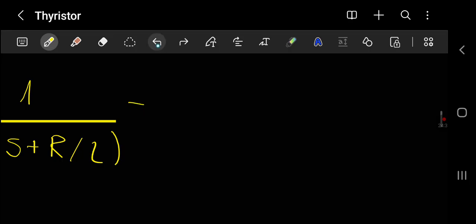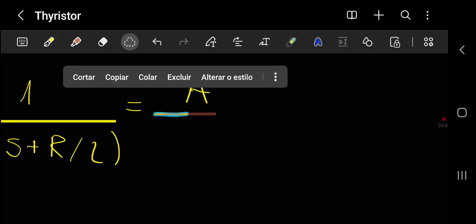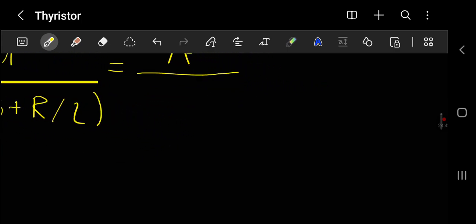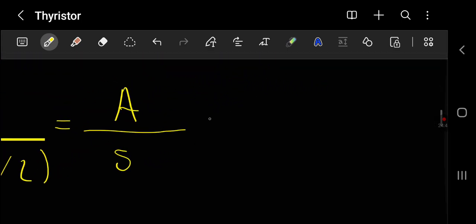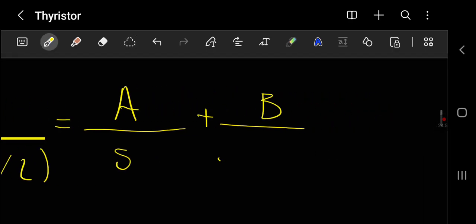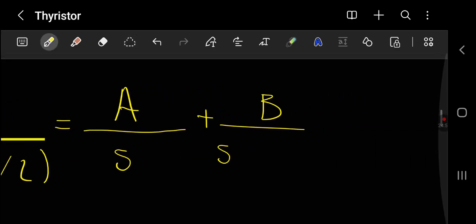So we will obtain something like A over S plus B over S plus R over L.